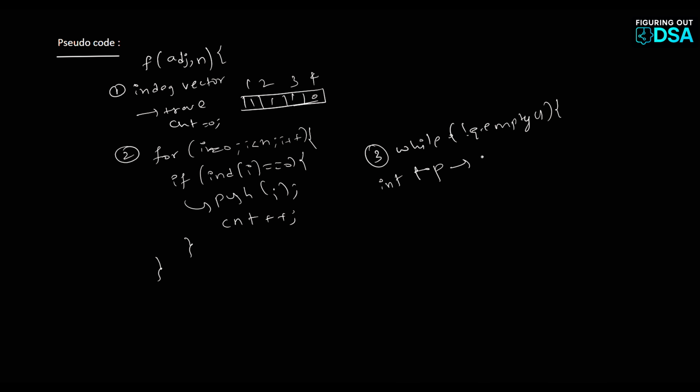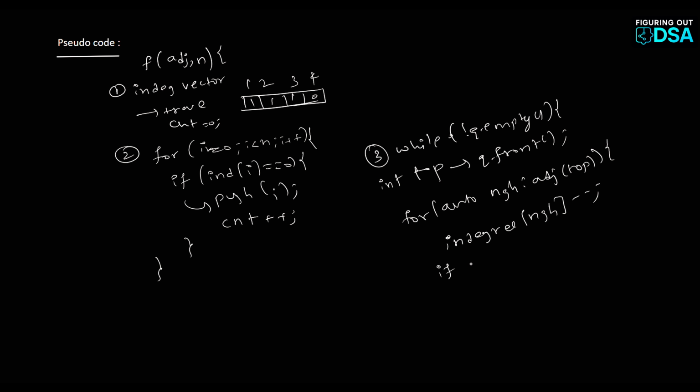We get the top element by q.front, and then we traverse its neighbors. First, we decrement the integrity of that neighbor, and if we get any integrity as 0, we push it into the queue, and if we are pushing it into the queue, we have to do count plus plus.